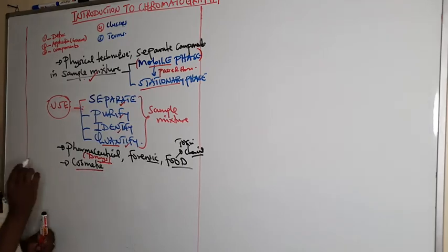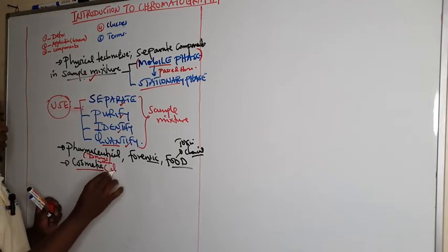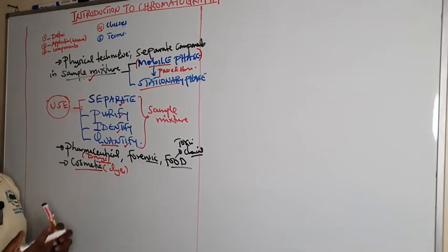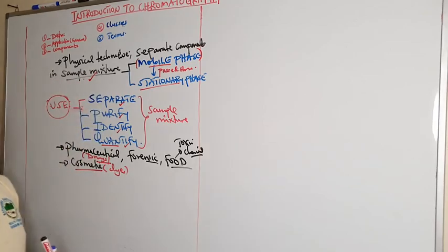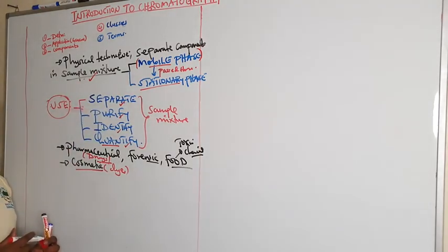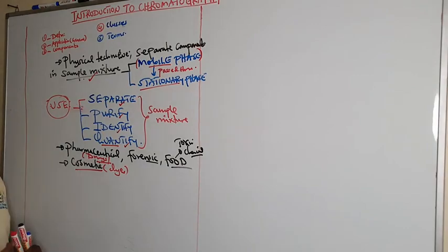Then in cosmetics, we are using it to separate different dyes which can be used. So this is the application of chromatography, which we are looking at as the physical technique.